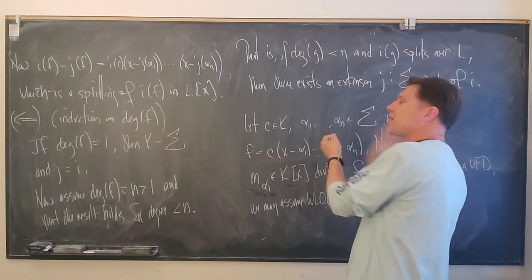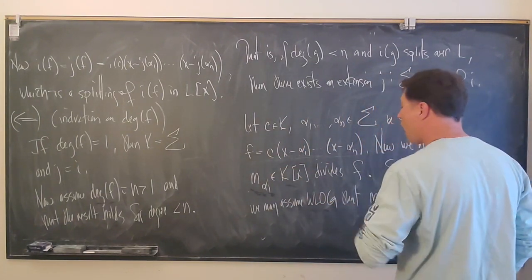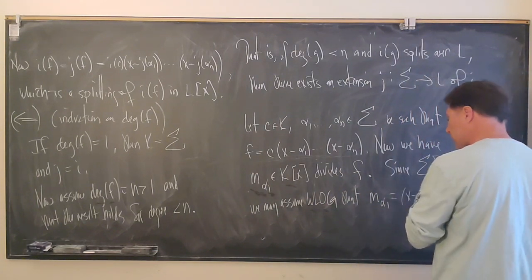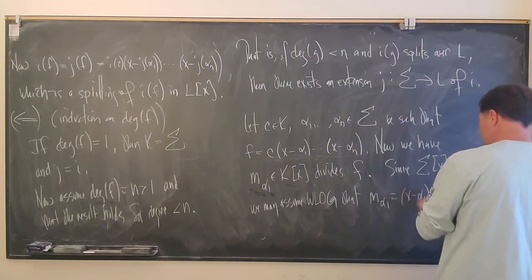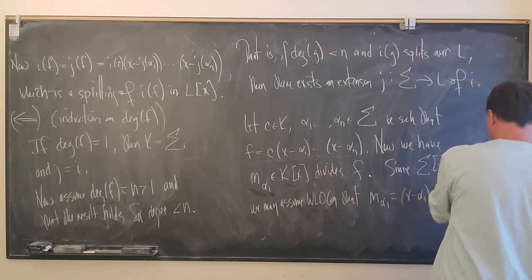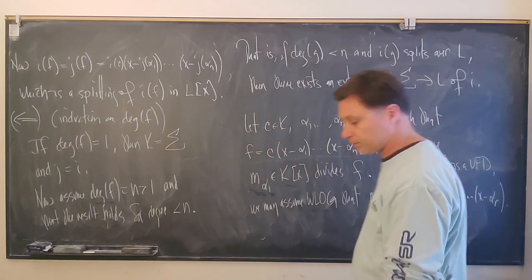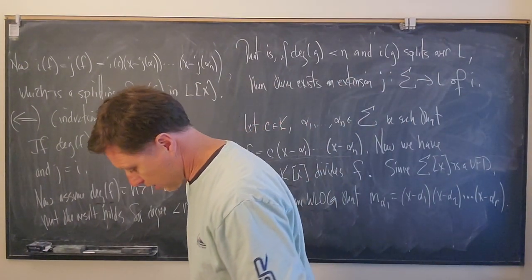If it wasn't, then reorder and push somebody else there. That's where this without loss of generality comes in. Up to ordering, the factorization of m sub alpha 1 is going to be x minus alpha 1, x minus alpha 2, dot dot dot, up to x minus alpha sub r for some r.